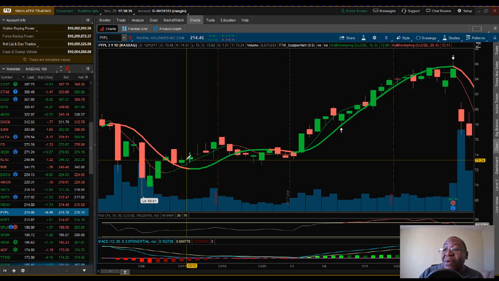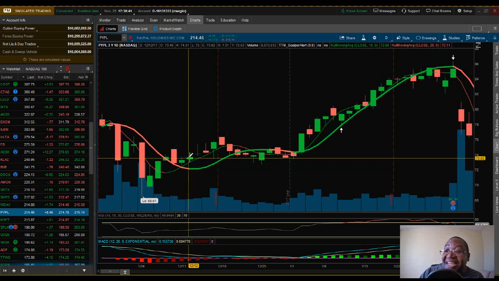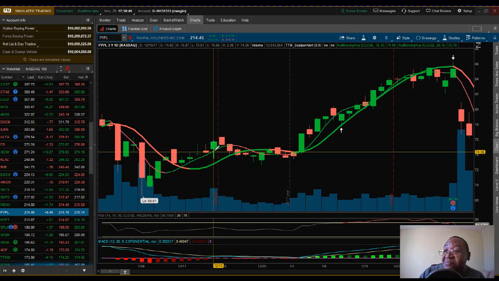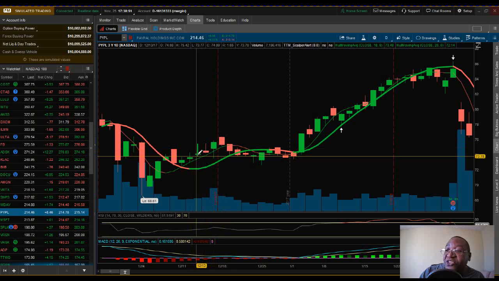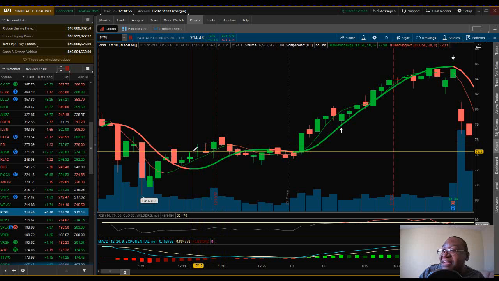So I'll wait. Now both of them are green. And this is my indication. And take a look. If I waited for the confirmation of the 20 and I jumped in here, right? Money. Straight money.